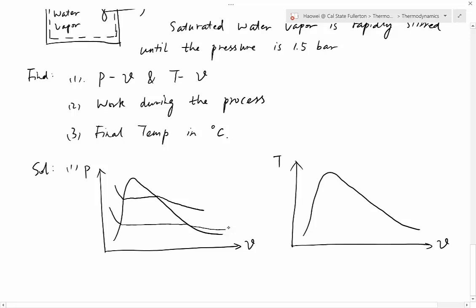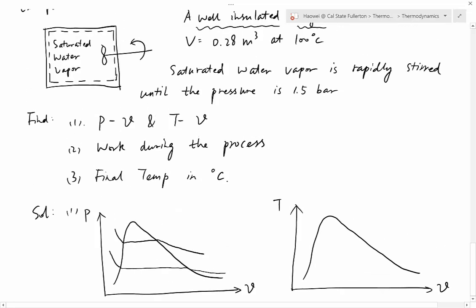Okay, so now the next question is which one should be the T1 line? Which line should be the T2 line? Do you remember the rule? The rule is the higher this constant temperature line is, the higher the temperature it represents. So T1 versus T2, which one has a higher temperature? T1 is the initial temperature, and then what's going to happen is energy is added into the water vapor through this paddle wheel.